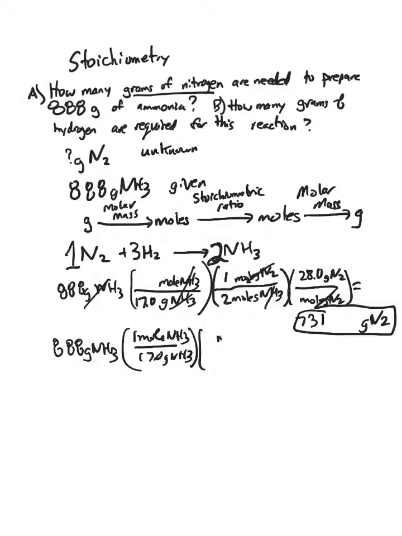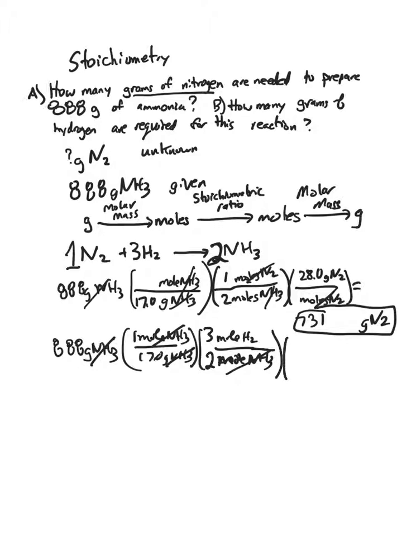Now we want to go to moles of hydrogen from moles of ammonia, because grams ammonia divided by grams ammonia cancels, and moles ammonia divided by moles of ammonia cancels. And now my stoichiometric ratio is 3 moles of hydrogen to 2 moles of ammonia.